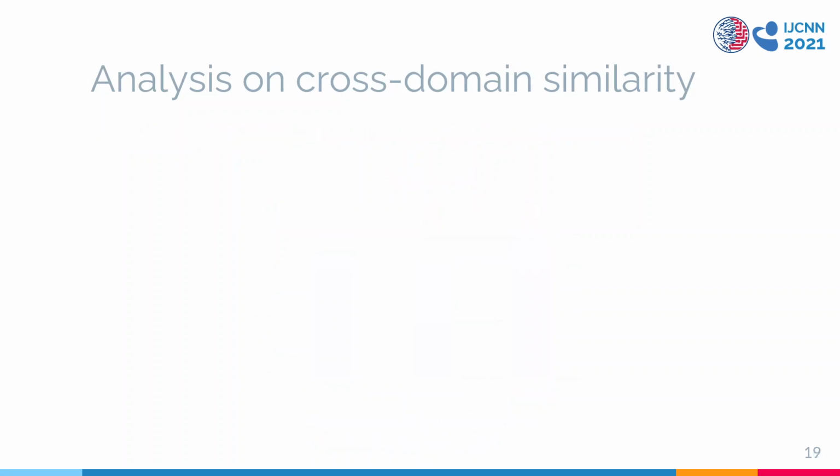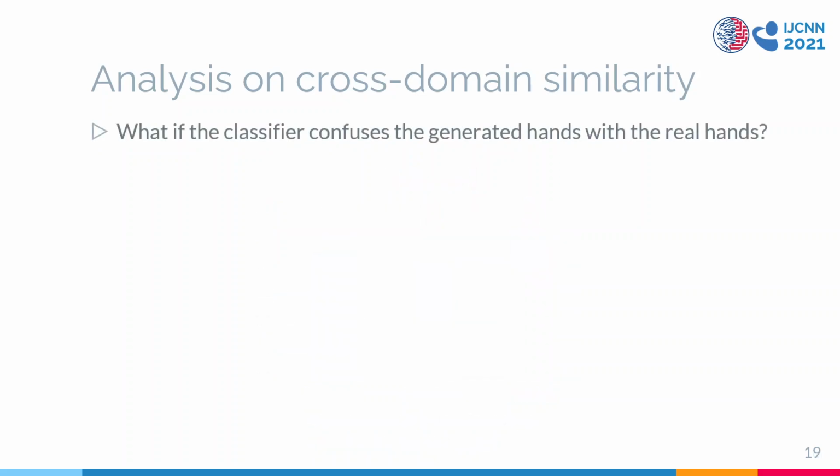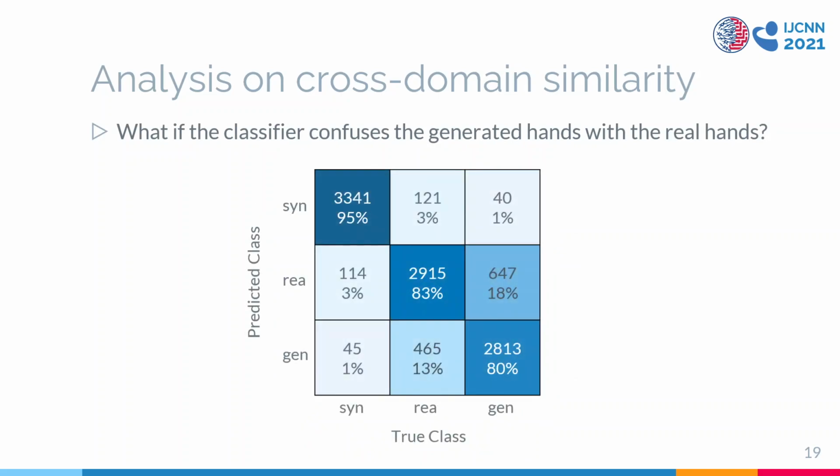Now we want the classifier to learn the differences between the real and generated hands. To this end, we trained the classifier on 3 classes. We assume that if the generated and real hands share similarities at a distribution level, the classifier might confuse the 2 classes. If we look at the confusion matrix, we see that 18% of the real hands were classified as generated and 13% of the generated hands as real.